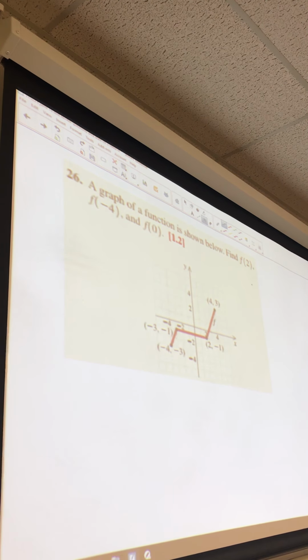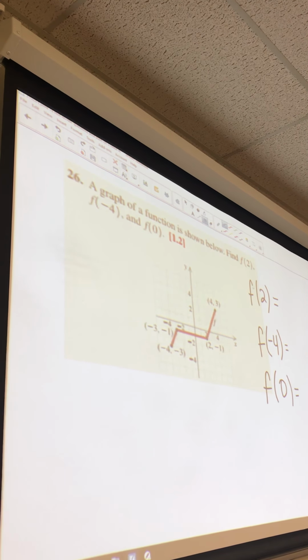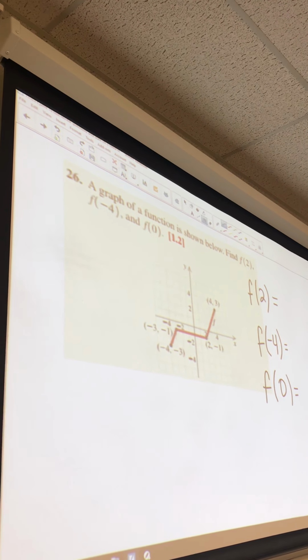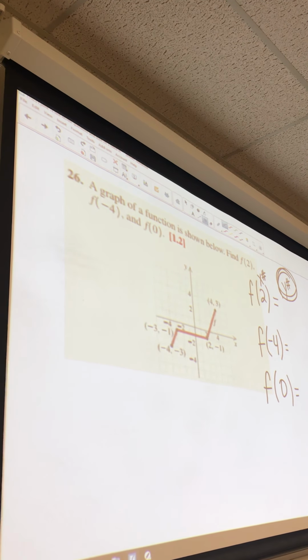So we're finding f of 2, f of -4, f of 0. This is one of those gimme problems. Should be on the test. So what are your answers? Don't tell me the number, but what idea is the answer when we're looking for the function value from the graph?